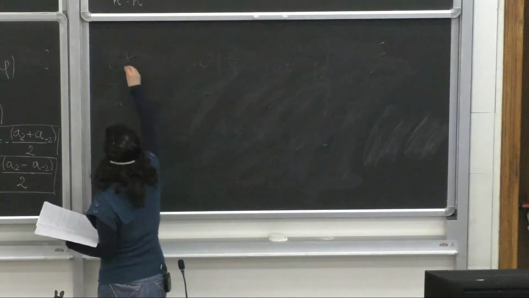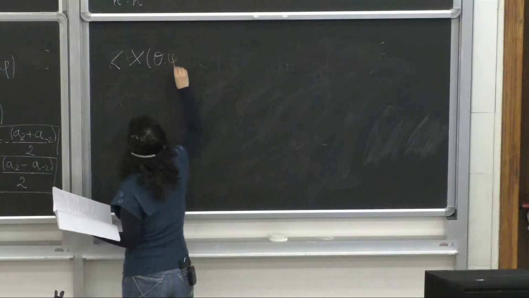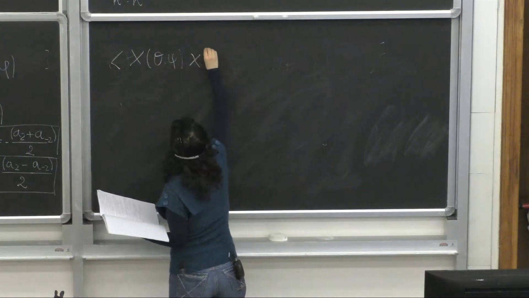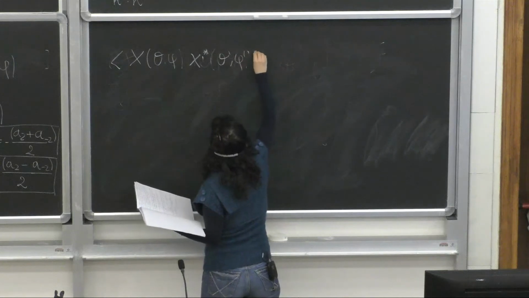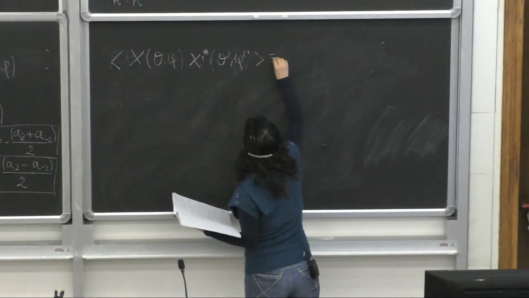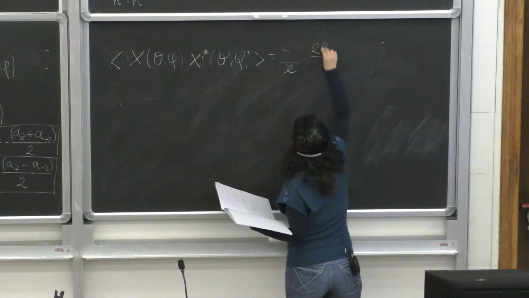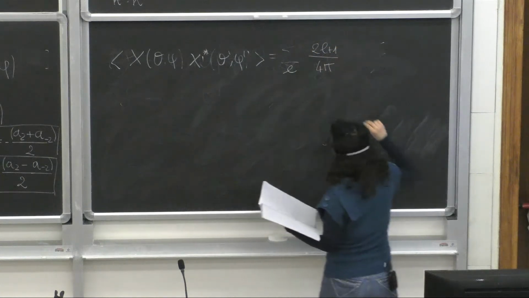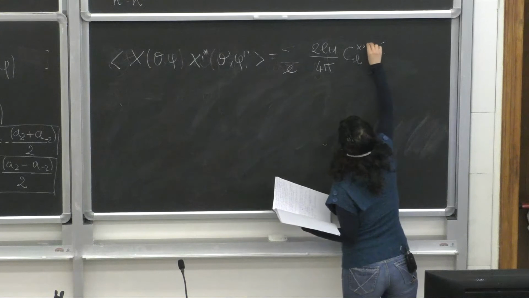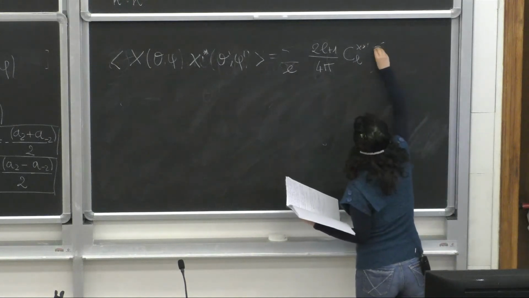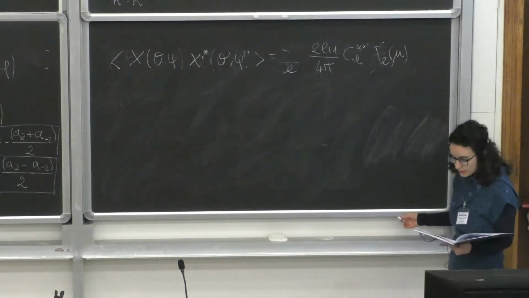Okay, so if we take everything together, then we have that the ensemble average can be simply written as a sum over L with a given prefactor that depends on L, the power spectrum of x prime, and the basis that we use is the basis of the Legendre polynomial.